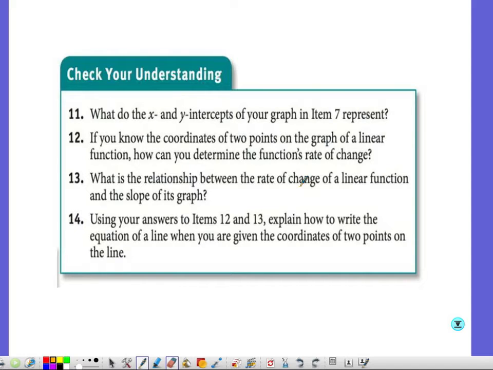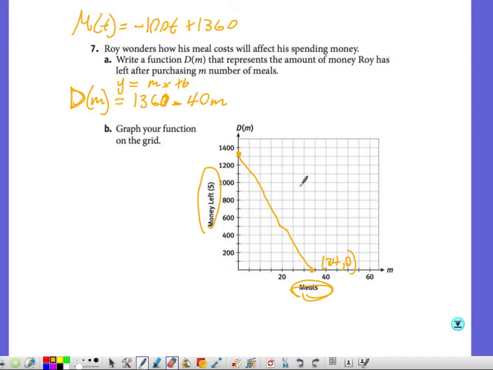I think questions 11 to 14 are very important, because they ask questions about the function cycle. Question number 11: what do the x and y intercepts of your graph in item 7 represent? Here's our graph. The x-intercept is when you buy 34 meals, you have 0 money left over.